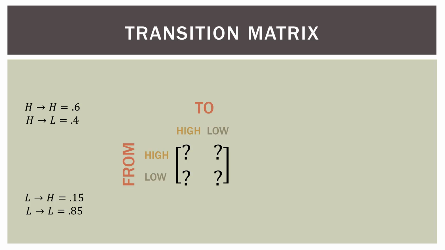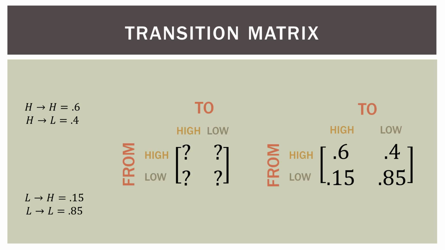On the left-hand side, we have where we're starting from, and then on the top is where we're going to. So the probability of going high to high would be in the top left corner of our matrix. The probability of going from high to low would be in the top right, and then so on and so forth.